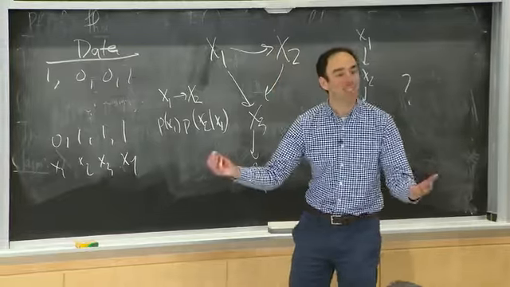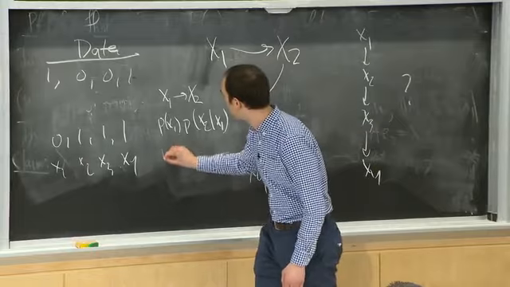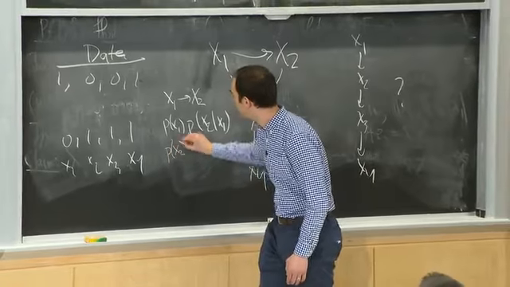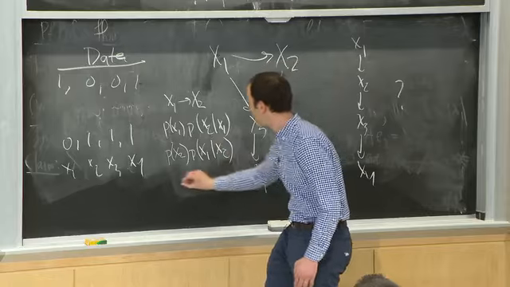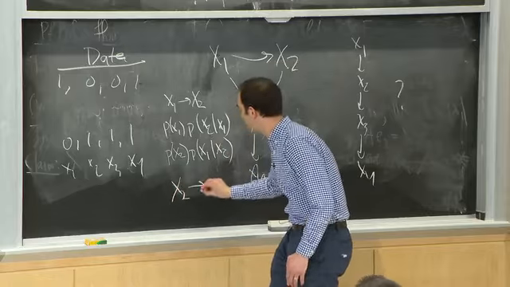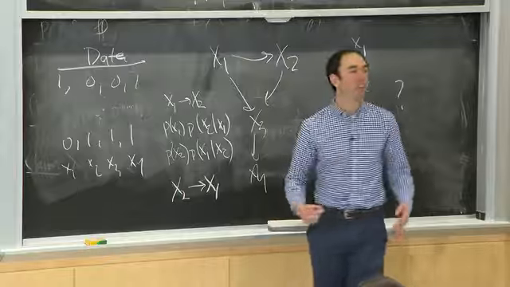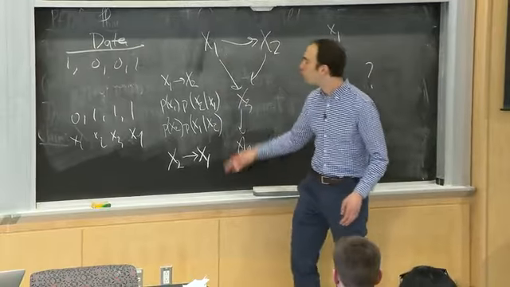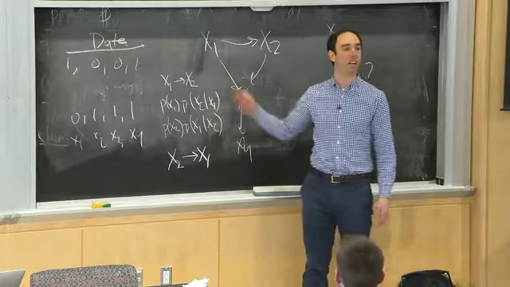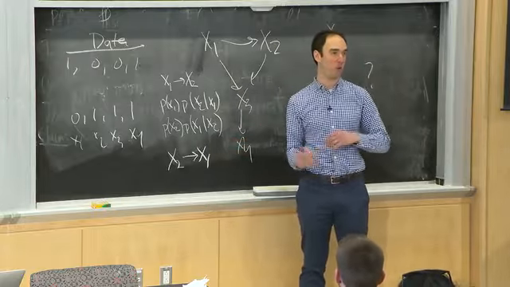And similarly, any distribution could be represented as the opposite, probability of x2 times probability of x1 given x2, which would look like this. The statement that one would make is that if you just had data involving x1 and x2, you couldn't distinguish between these 2 causal graphs. x1 causes x2 or x2 causes x1.